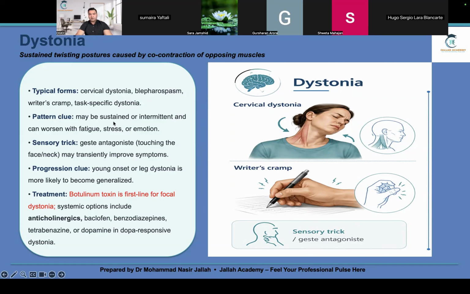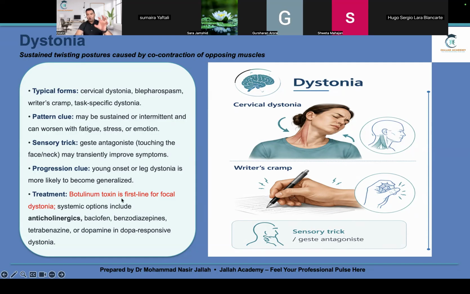The pattern clue may be sustained or intermittent and can get worse with fatigue, stress, or emotion. Sensory trick: when you touch the face or neck, it may transiently improve the symptoms. Progression clue: young onset. So dystonia usually happens in younger patients, or leg dystonia, more likely to become generalized.